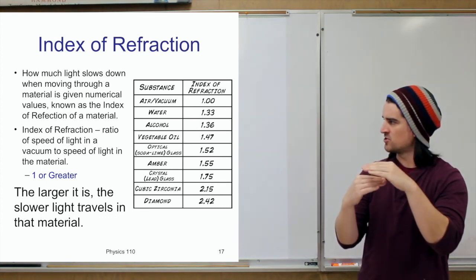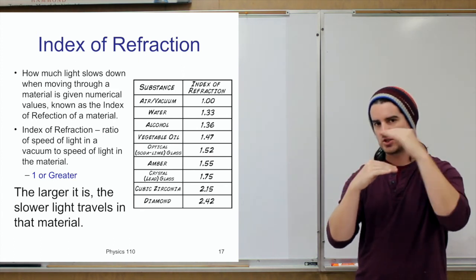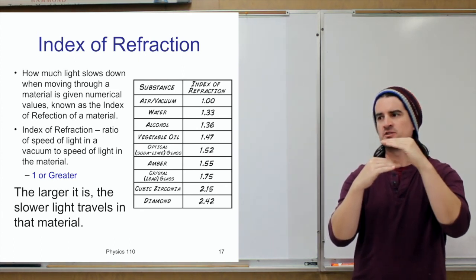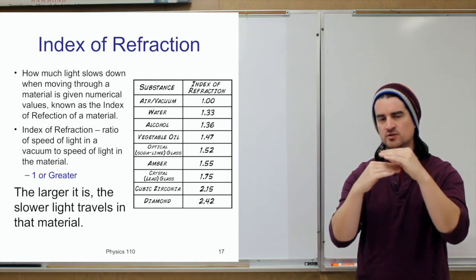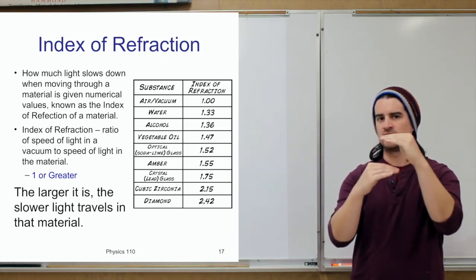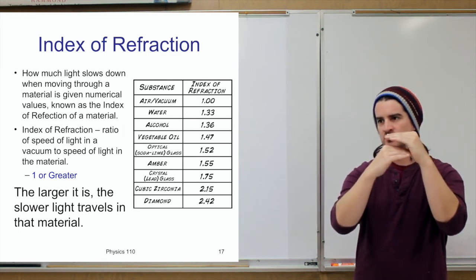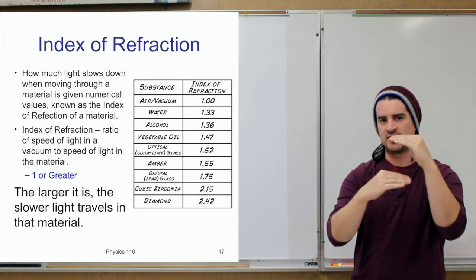So if you think about that for a second, the top of that fraction is almost always going to be larger than or as large as the bottom. So 300 million meters per second divided by something that's equal to or less than that.